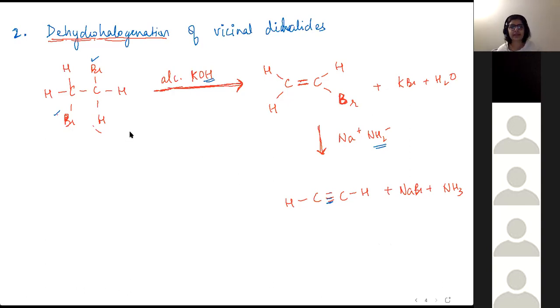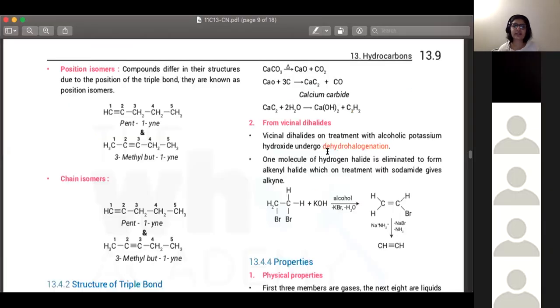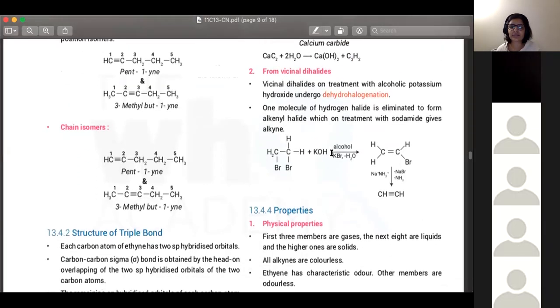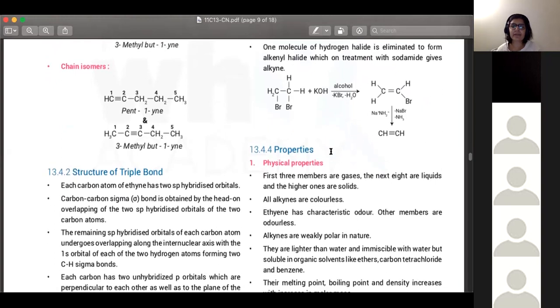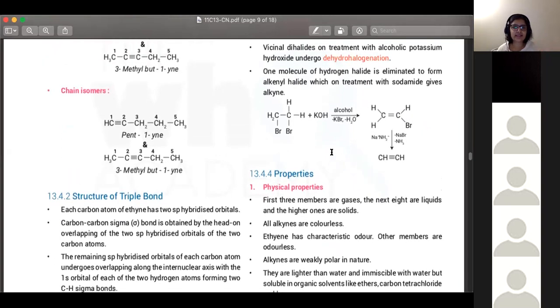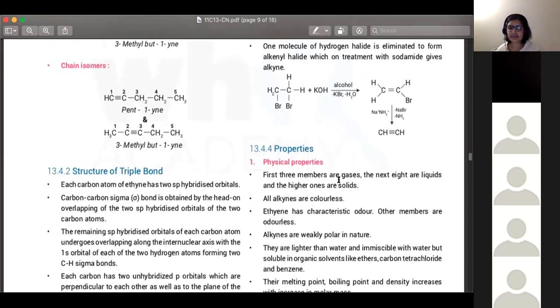Okay. And coming to the physical properties of alkynes, again, it's the same thing. The smaller alkynes are gases, then they go on to liquids, and the higher alkynes are solids. As the mass increases, the intermolecular forces increase, and it progressively goes from gases to solids.